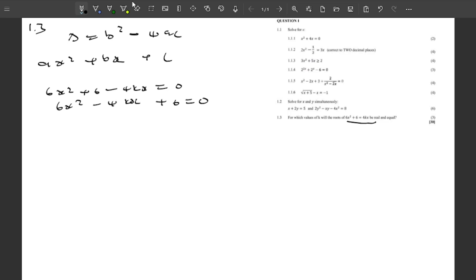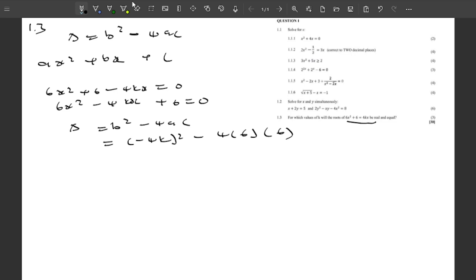And then now you can use the equation and substitute it in, right? And you're going to say the discriminant. The b is going to be minus 4k, so minus 4k squared, minus 4 times 6 times 6, right?